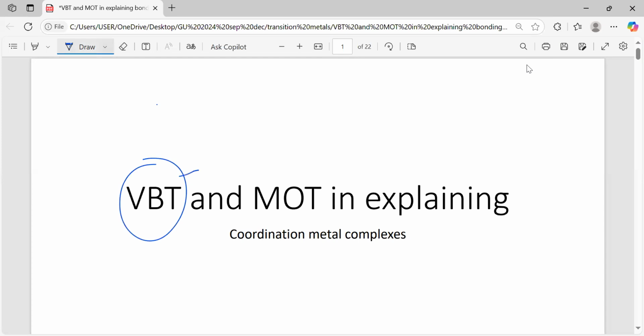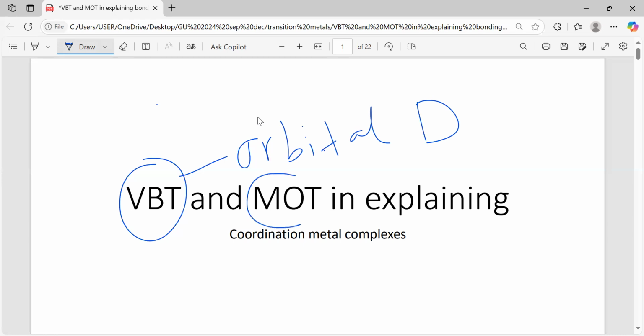VBT uses orbital diagrams to explain bonding. We shall see what orbital diagrams are for those who have forgotten.